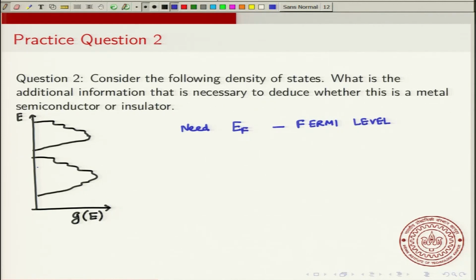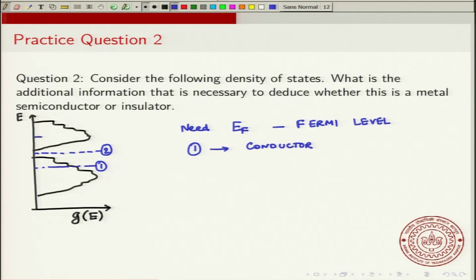If EF is somewhere here, then you immediately know that it is going to be a conductor. If it is in either of these regions, then it would be a conductor. Now, what if EF is in between these two? Then it can be either a conductor or an insulator. Case 1 is a conductor.